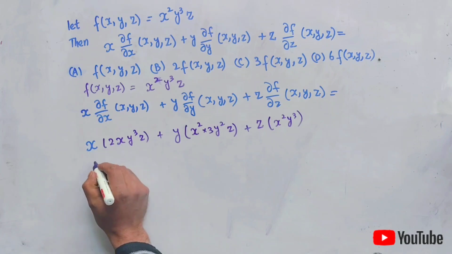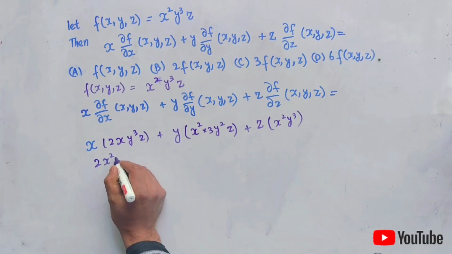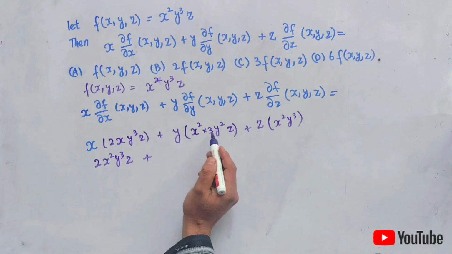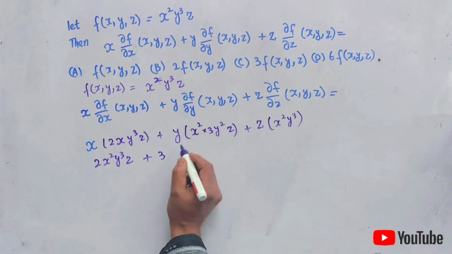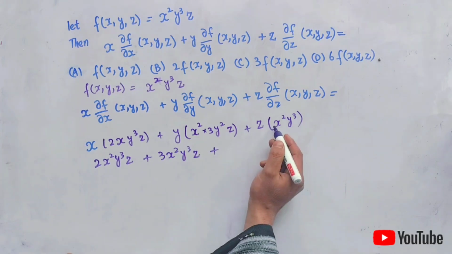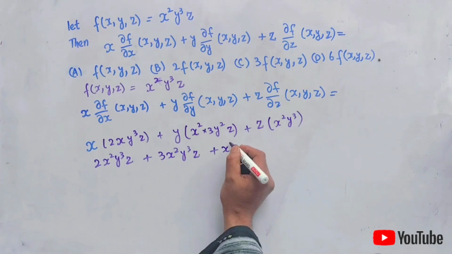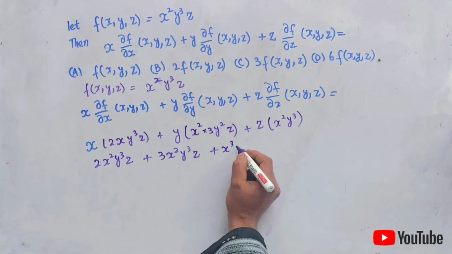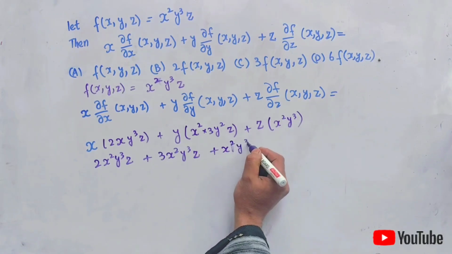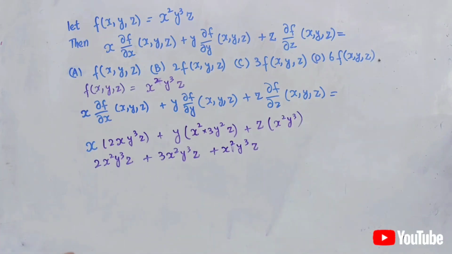So here we got twice x square y cube z, plus 3 x square y cube z, plus x square y cube z.